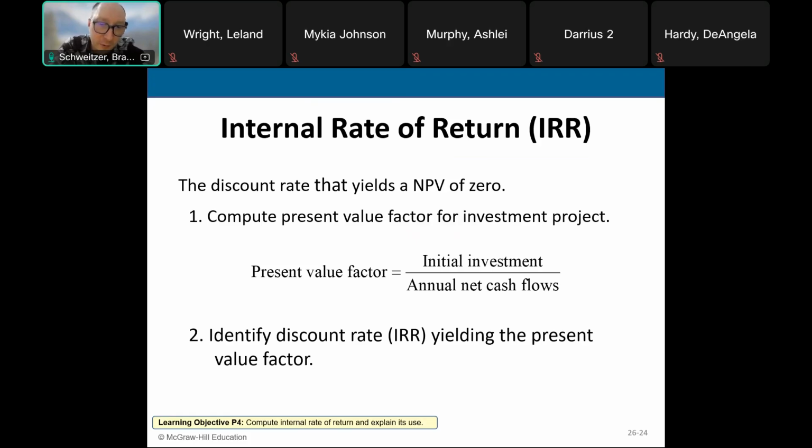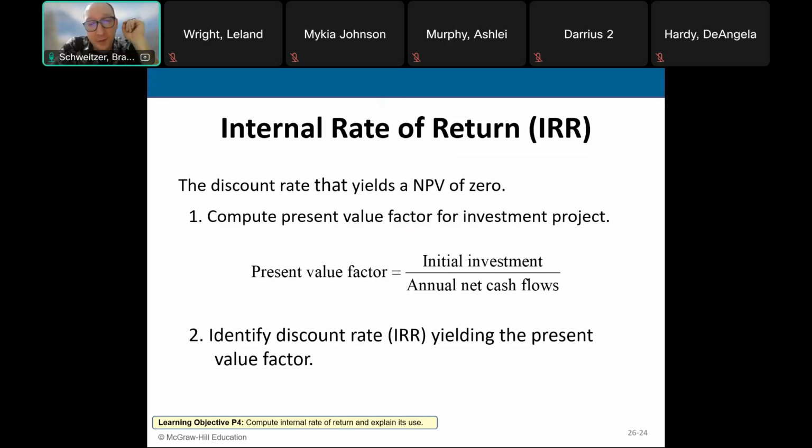The first thing we got to do is figure out the present value factor for an investment project. Now, the present value factor is calculated by taking the initial investment divided by the annual net cash flows.